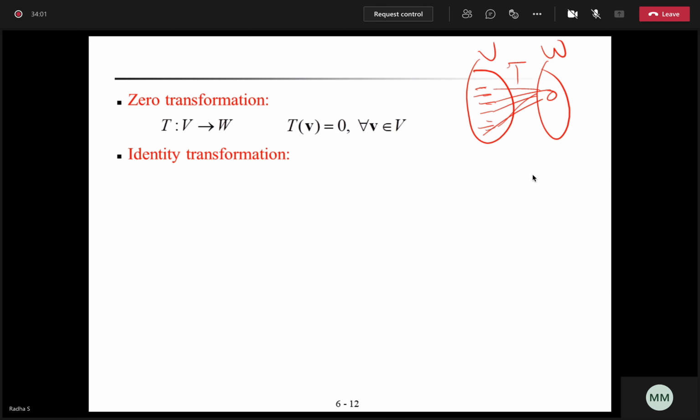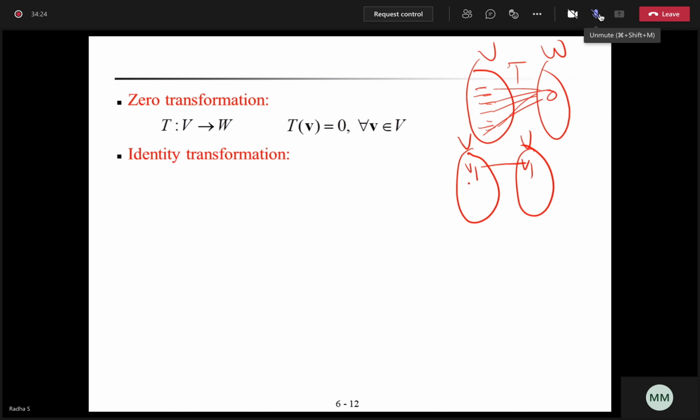And identity transformation. Any guess about identity transformation? The word itself says something, right? It returns the same. So what should the two vector spaces be? The two vector spaces need to be the same, otherwise it's not possible.